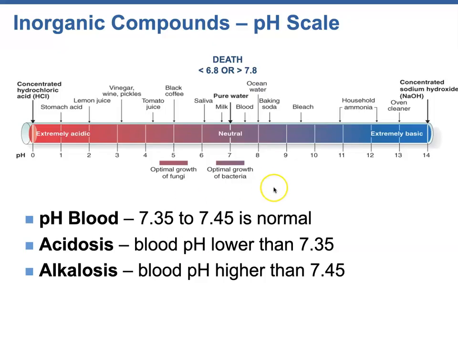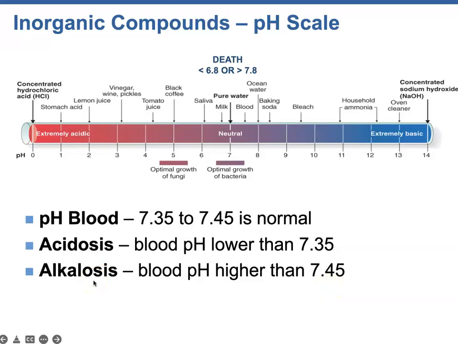If the pH of blood gets less than 7.35, now that blood is considered to be in acidosis, no matter what caused it. So if the pH goes below 7.35, we are now in an acidic situation with the blood. If the blood pH goes higher than 7.45, now it's alkalosis.